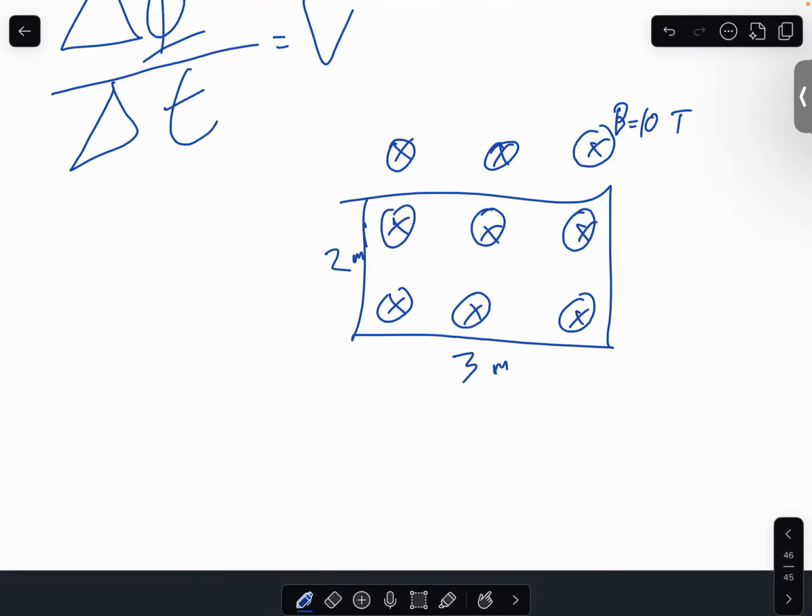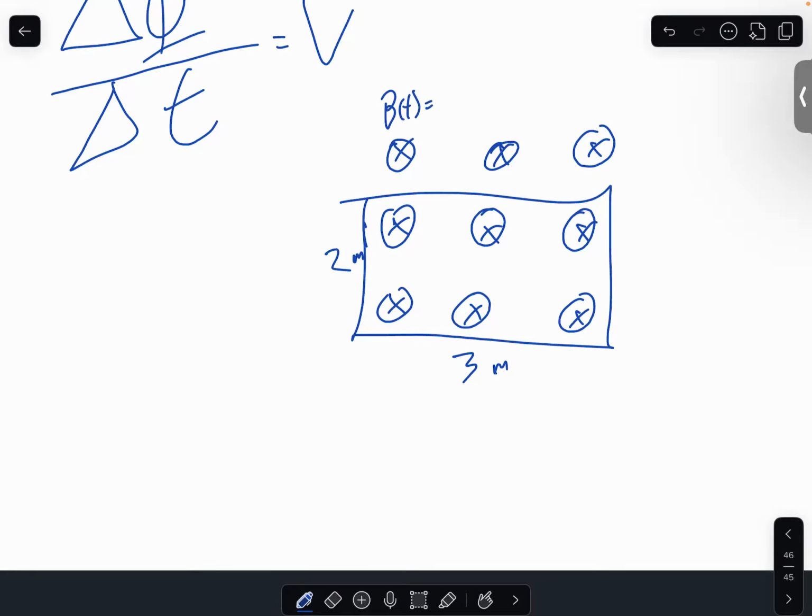Now I'm going to give you a formula for a changing magnetic field, and I ask you to calculate the flux at a particular time and its rate of change. I will tell you this magnetic field is a function of time.